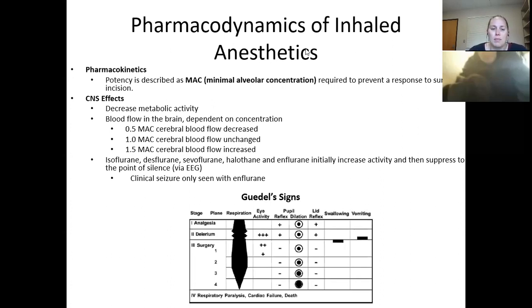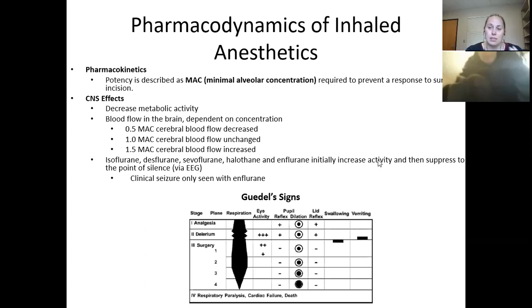When we look at some of these anesthetics, isoflurane, desflurane, sevoflurane, halothane, and enflurane, you're going to see an initial increase in activity of the central nervous system, and then it's going to decrease rapidly to a point of silence. When we're talking about central nervous activity for any of these anesthetics, just recognize that most often the type of measurement we're looking at is EEG recordings.